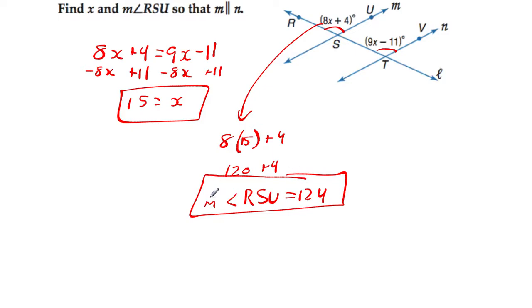And just a little hint or a little word, whenever we have this measure, we don't need to write a degree symbol. Now if I just said this, angle RSU, that should be 124 degrees. But if I have the measure, this is just no units attached to it. So that's really helpful. All right, so that's it.